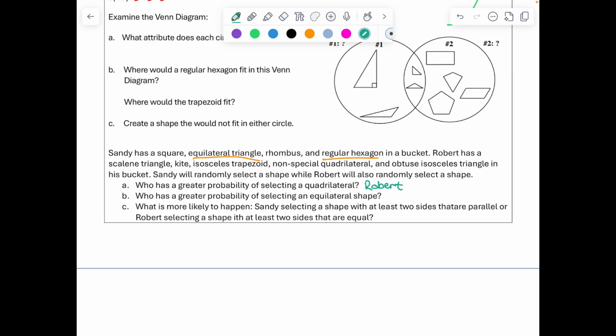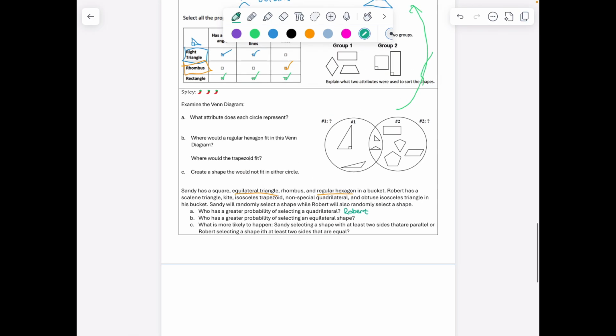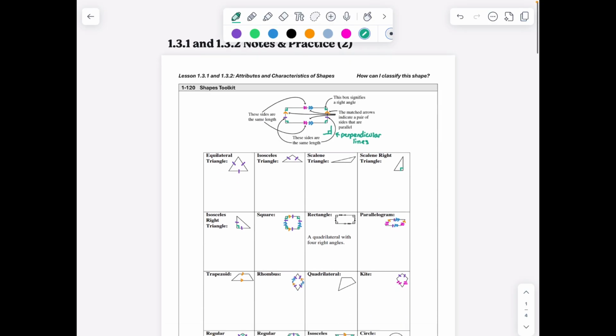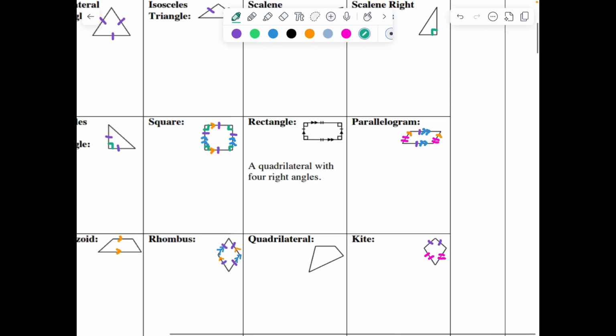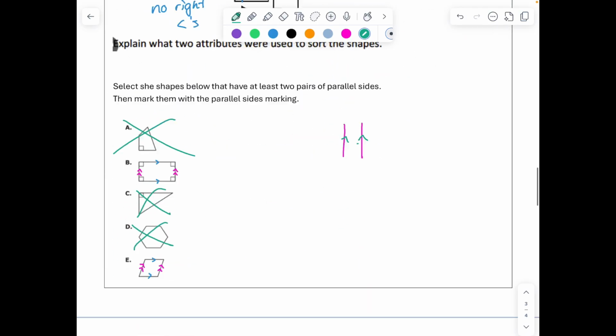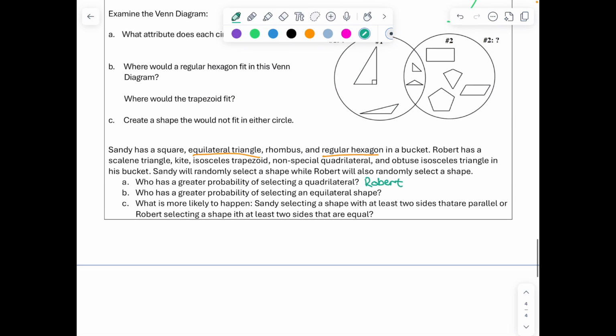And then Robert has, let's see if a kite is equilateral. It is not. A kite does not have all the same sides. So Robert has none, which means this one is going to go to Sandy.